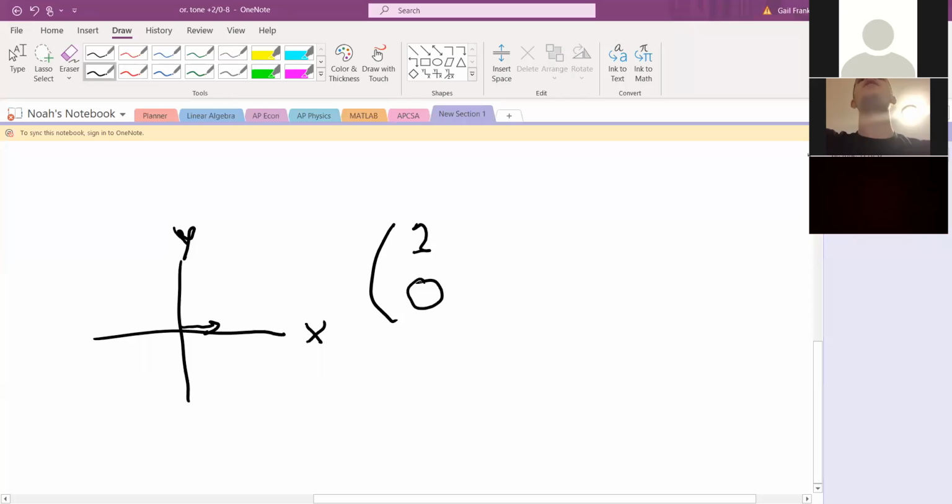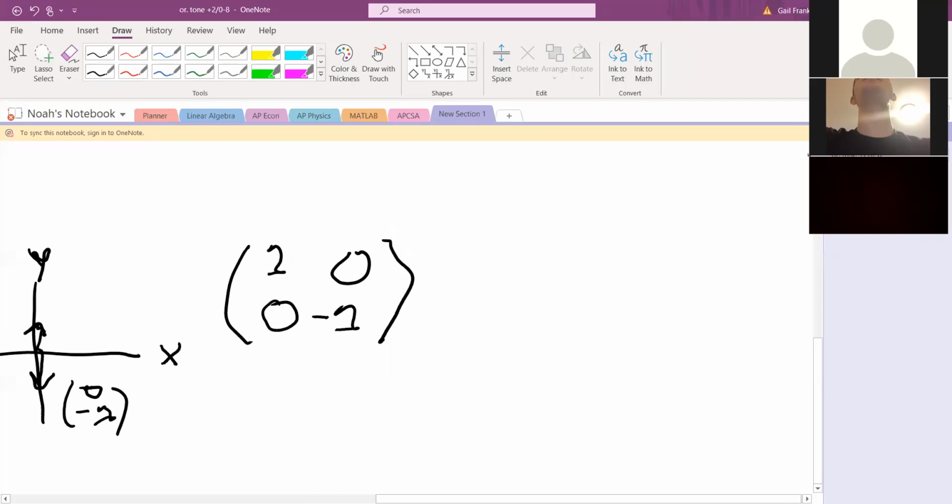And now let's look at our second standard vector, which is 0, 1. It's supposed to be on the y-axis, so like here. You get my point. When you reflect it across the x-axis, you just flip it, and now you're at 0, -1. And this is your standard matrix for a reflection across the x-axis in R2.